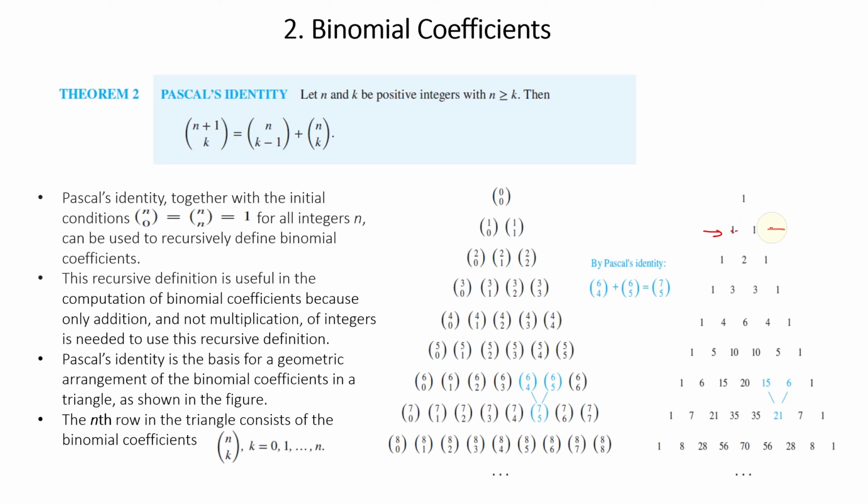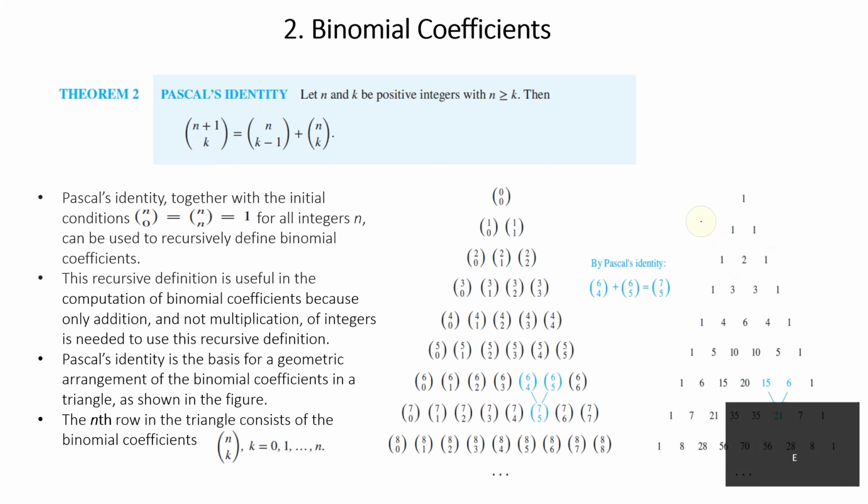The sides are always going to be 1 at the end. However, for all the others, each one has two immediate parents above it. All you have to do is add these two, and then you get that.